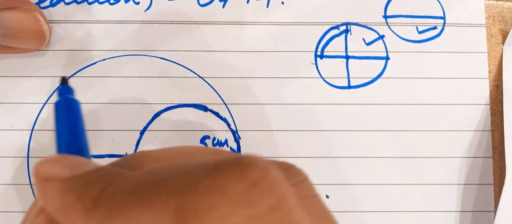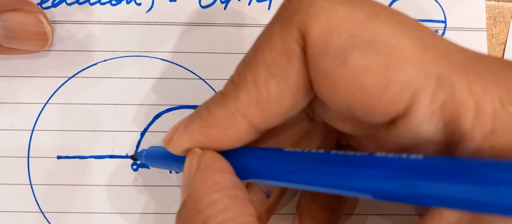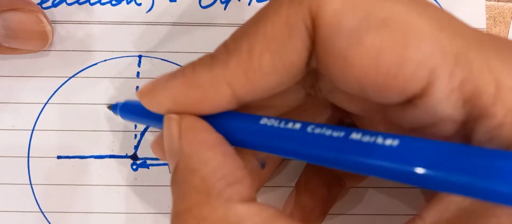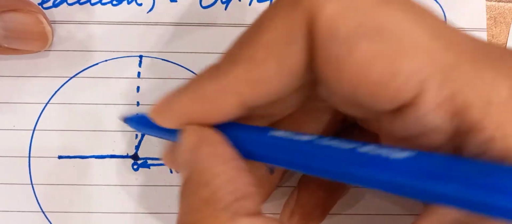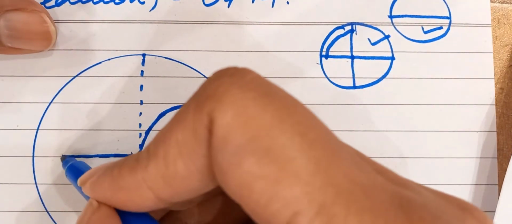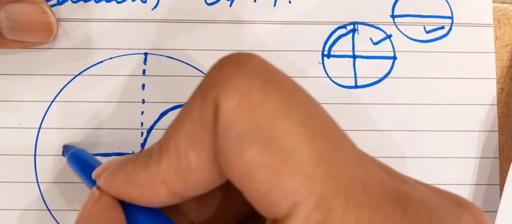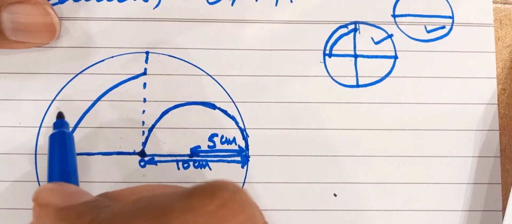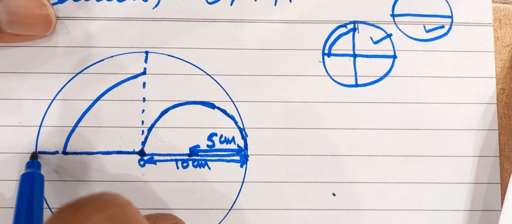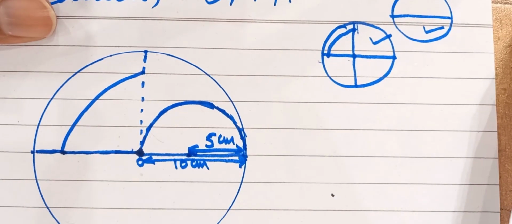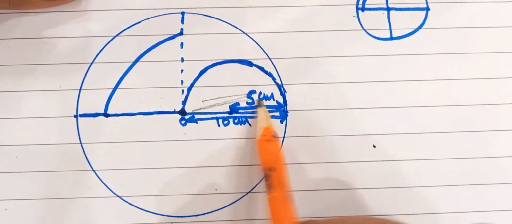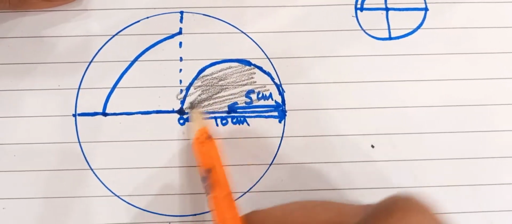Now what have they done? Now I know that this is the quadrant of a circle. So they have stretched this arc from here through there, and this they have joined there. They have asked to find out the area and perimeter of the shaded region.